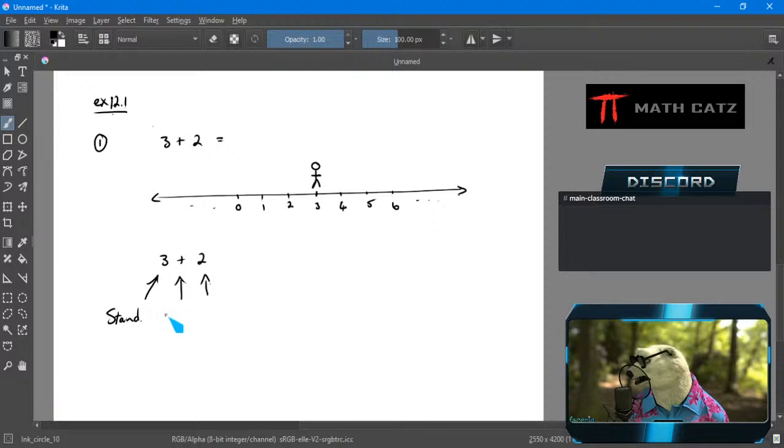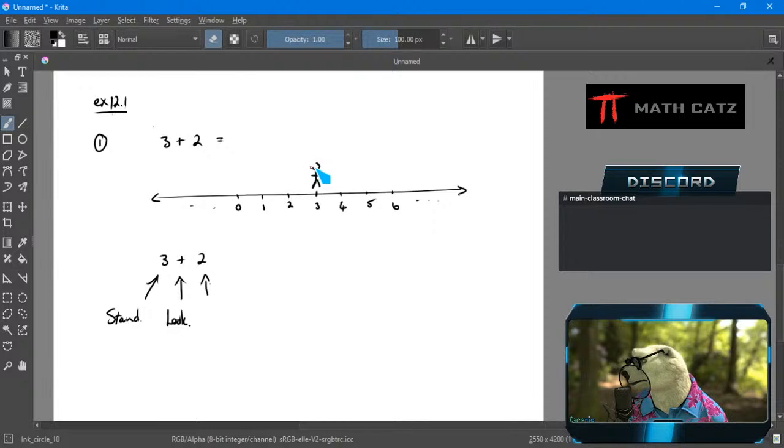Then I need to look a certain direction. The number line has two directions. The addition here, this tells me that I'm looking to add. Now, intuitively, adding means I want to make it bigger, ideally. So I'm going to look in the bigger direction of the number line.